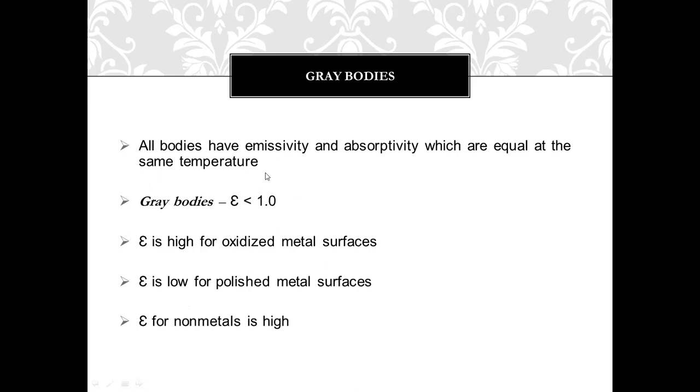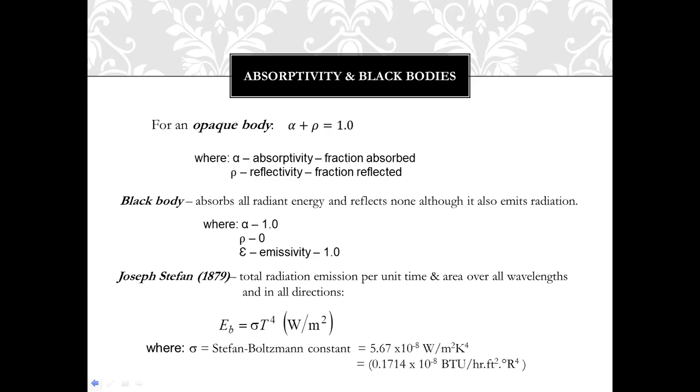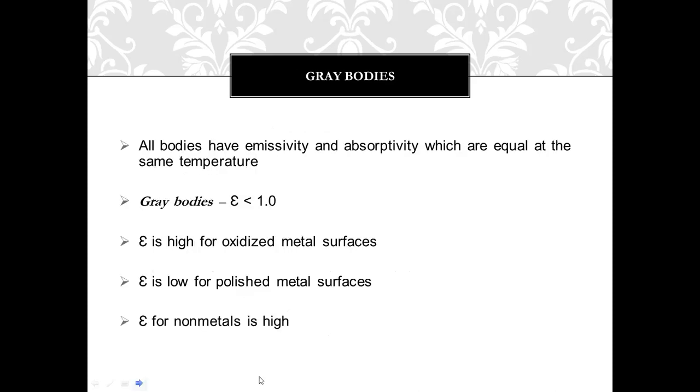Unless the problem says that your emissivity is equal to 1.0, or that you have a perfect black body, everything is classified under gray bodies, in which the emissivity is less than 1, equivalent also to its absorptivity.